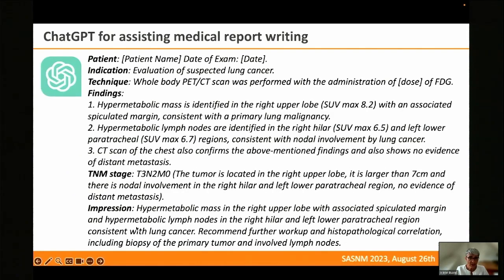And here you can see what ChatGPT produced, which is actually a pretty comprehensive report. I let you read. And an MD could just quickly review such a report and edit it as needed.